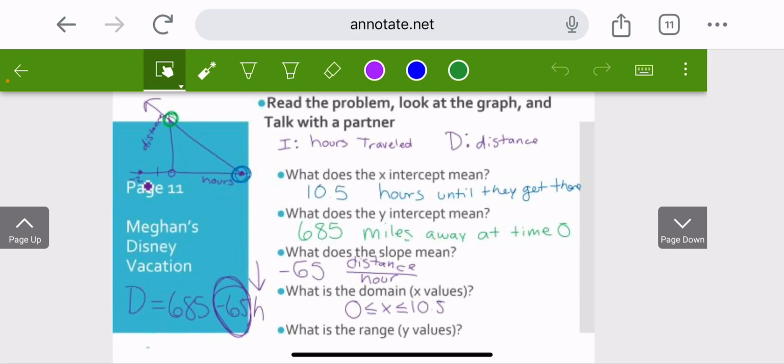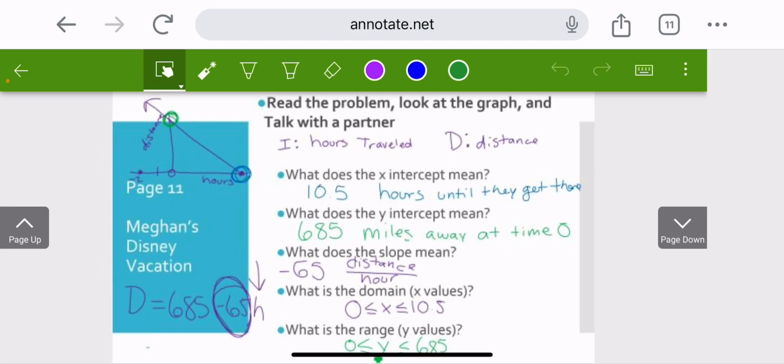How about our range? 685. So the biggest it can be is 685. And what's the smallest it can be? 0.